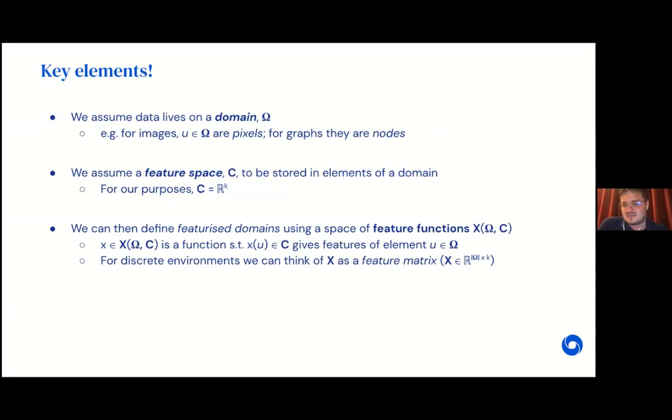I can just interpret it as a feature matrix, capital X, which is a real matrix where the number of rows is equal to the number of domain elements and the number of columns is equal to the feature dimension. So the ith row of this matrix will tell you the features of the ith node of the domain. This is very convenient for us because we're going to be able to, for most cases, stay within the realms of linear algebra, where deep learning is usually most naturally talked about.